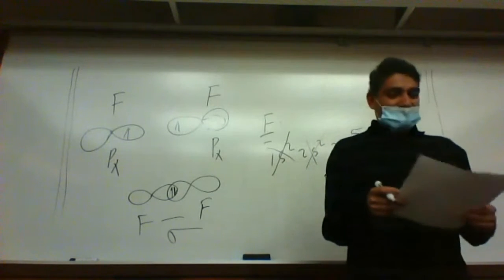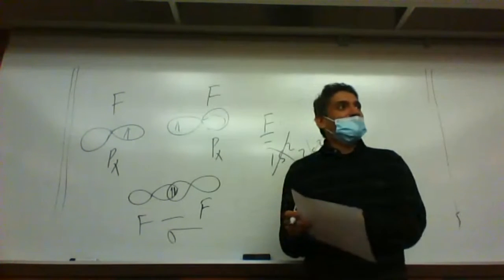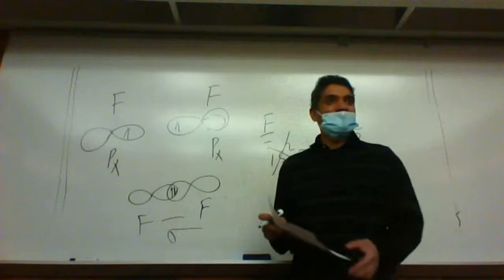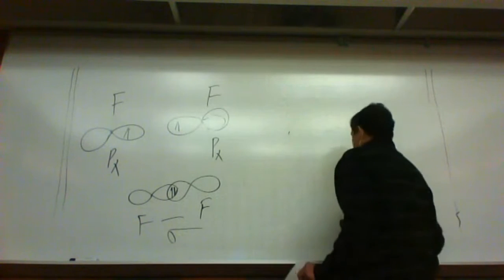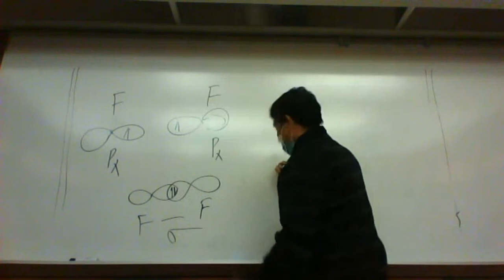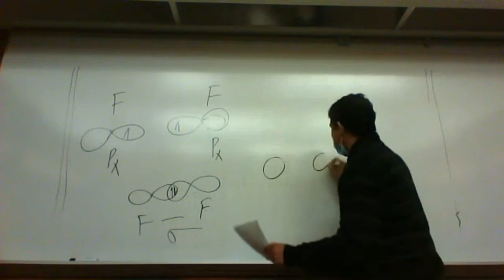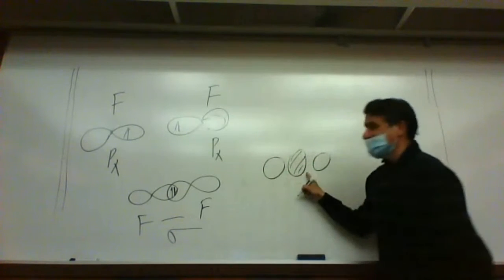Make sense? So the picture in the book you might see a little bit different, but it is the same thing. How I draw here and how they draw here is the same thing. Don't get confused. They may be showing this overlap region like this.